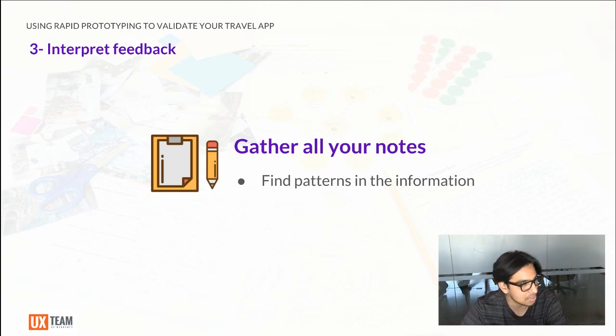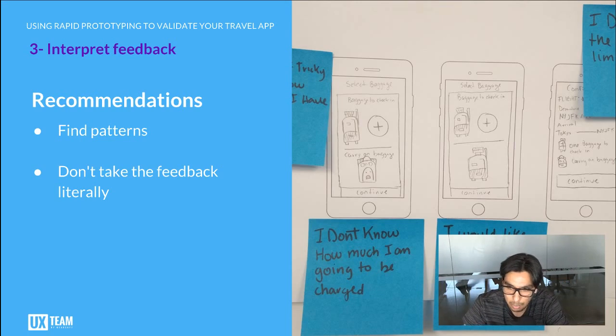Gathering all the notes. Once we have all the notes, we're going to find patterns in the information. What I mean by patterns is, let's say that we interviewed 5 persons, and 4 people mention exactly the same idea, which is they are having trouble typing something in the search input in the app.